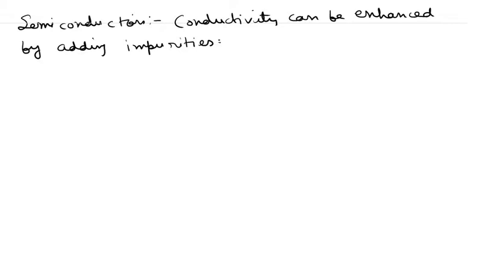In this case, impurities basically mean any material which is not the semiconductor itself. For example, if I introduce phosphorus in silicon, then phosphorus is actually an impurity to silicon. That material is not pure silicon; it is impure silicon actually.